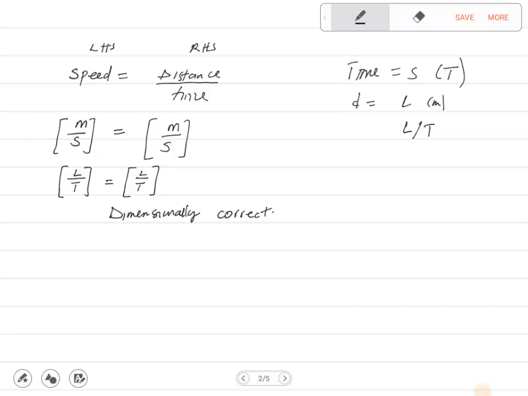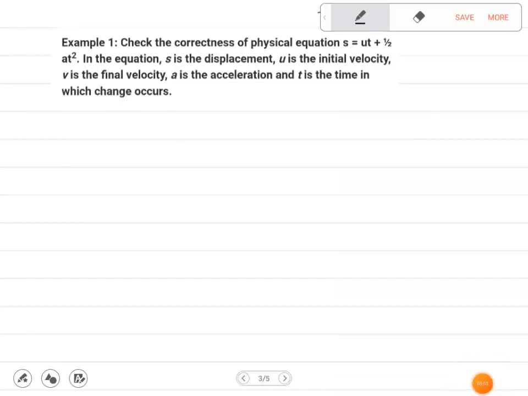Let's look at an example. The example says, check the correctness of the physical equation: distance is equal to initial velocity times time plus half acceleration times time squared. In the equation, S is the displacement, which is measured in meters, just length.